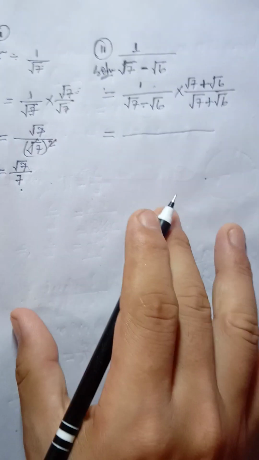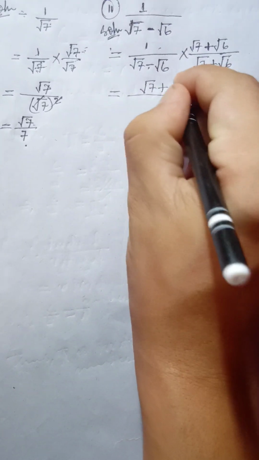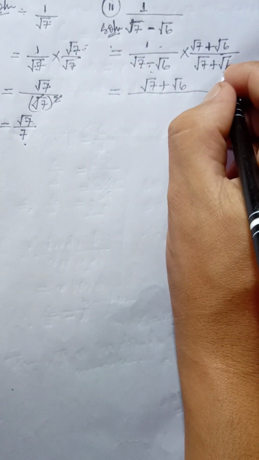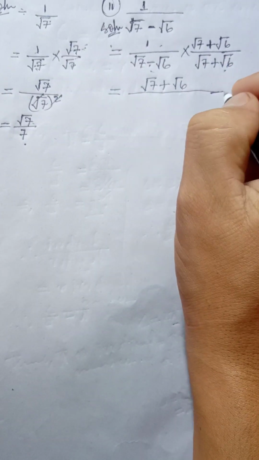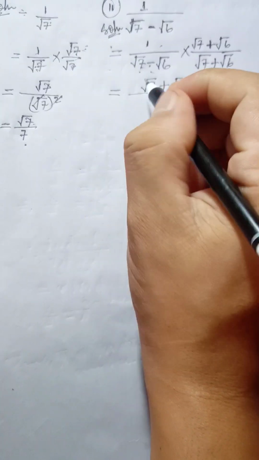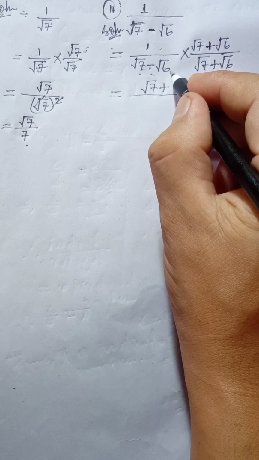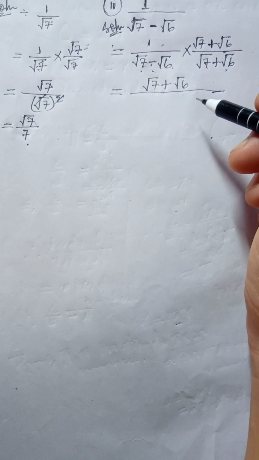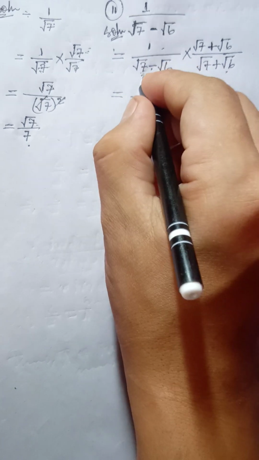If you multiply these two in the numerator, you get root 7 plus root 6. In the denominator, you can use the formula a square minus b square. Here root 7 is the value of a and root 6 is the value of b.